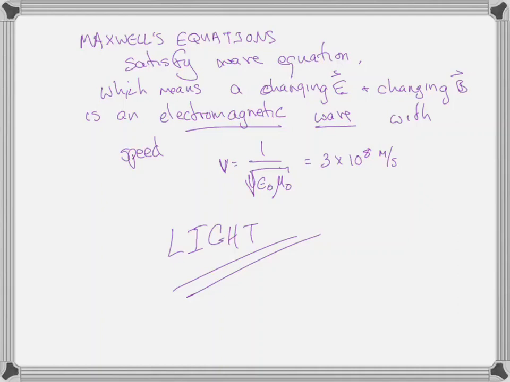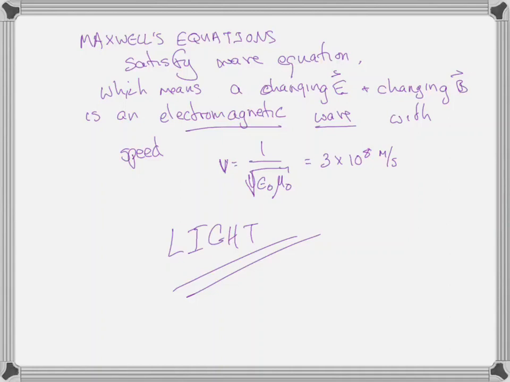Anyway, all of those waves propagate outwards at 3 times 10 to the 8th meters per second, regardless of whether they're light, or across the whole electromagnetic spectrum, from low frequency radio waves to infrared to visible to ultraviolet to X-rays to gamma rays. All of that is electromagnetic waves, changing electric and magnetic fields that propagate at 3 times 10 to the 8th meters per second.